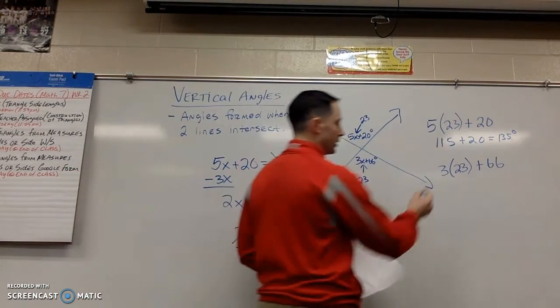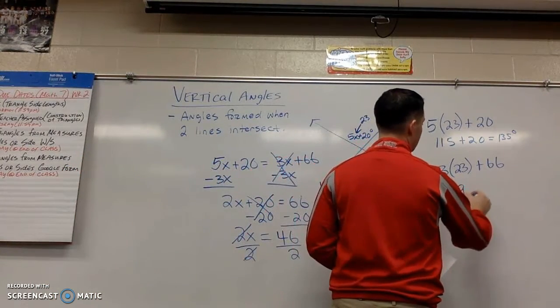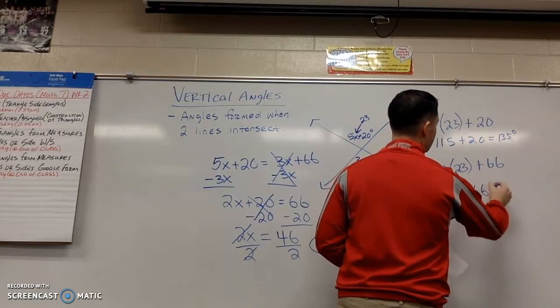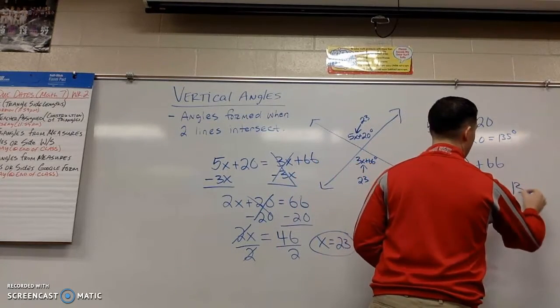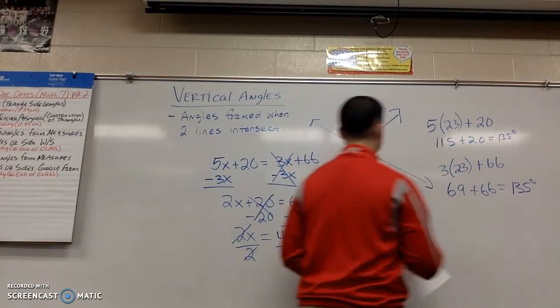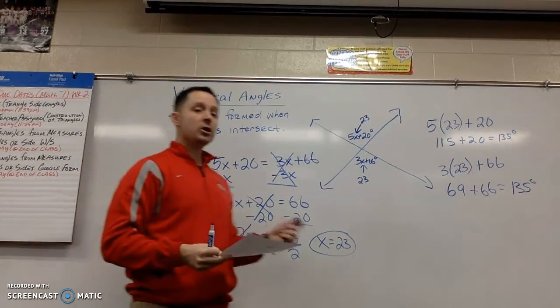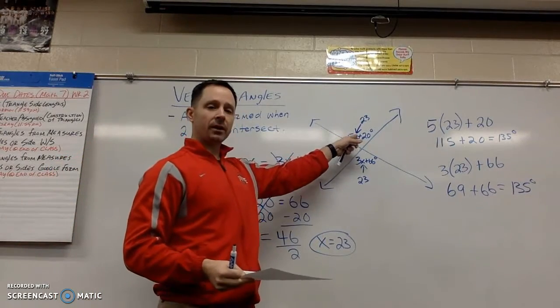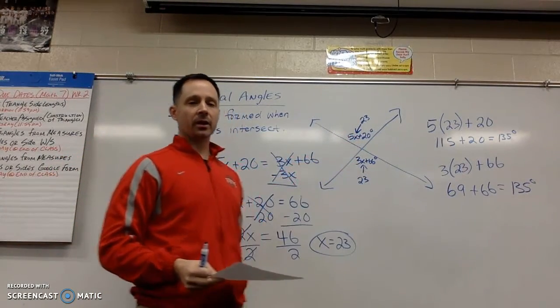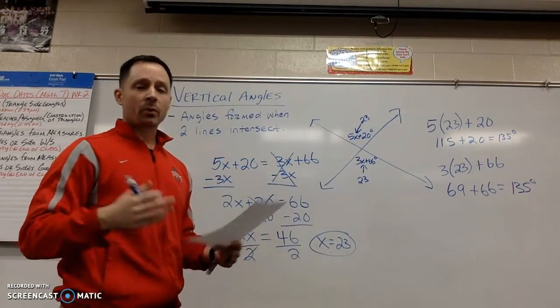And let's look at this one. 3 times 23, which is 69, plus 66, which will give me 135 degrees. So the two angles that we solved for, we knew from the start that they were going to be equal to each other: 135 degrees, 135 degrees.